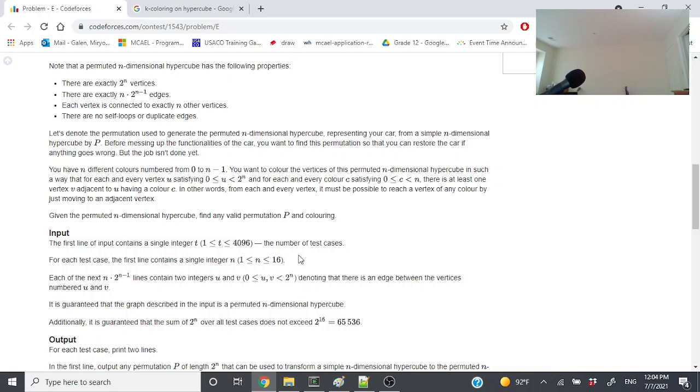So we have a hypercube here. Now we sort of branch out.